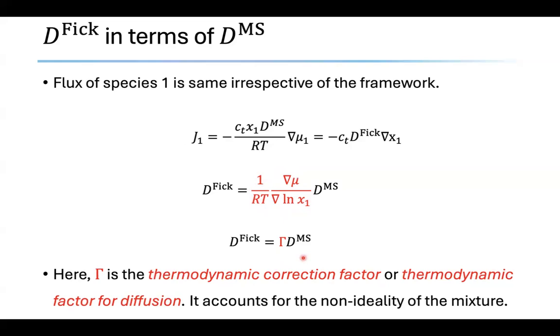The physical significance of the thermodynamic factor of diffusion is that it accounts for the non-ideality of the mixture. Thus, we now have an equation which connects the Fick diffusion coefficient to the Maxwell-Stefan diffusion coefficient.